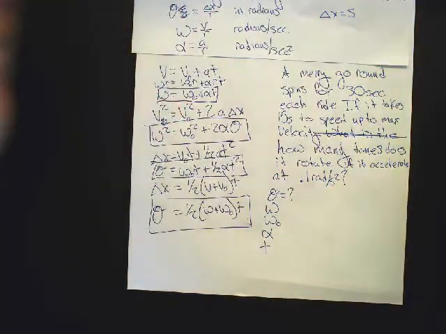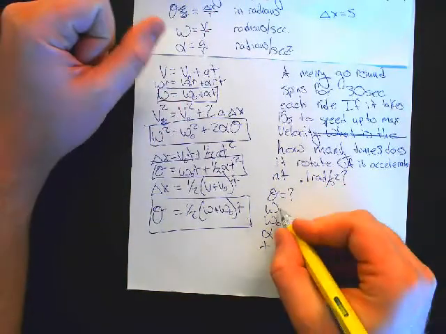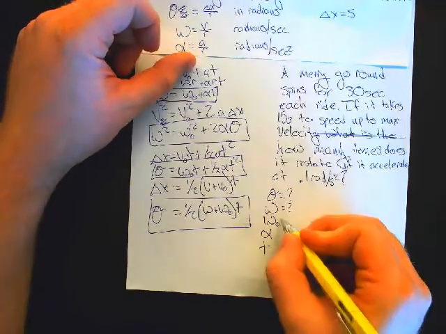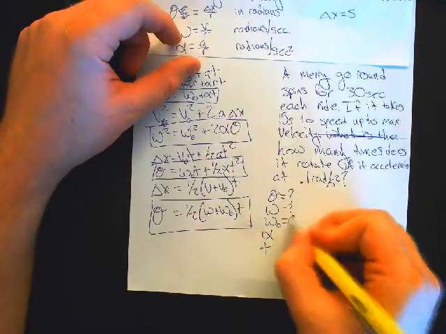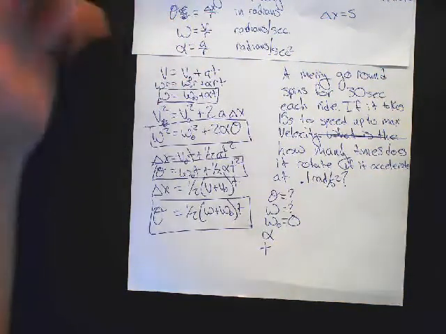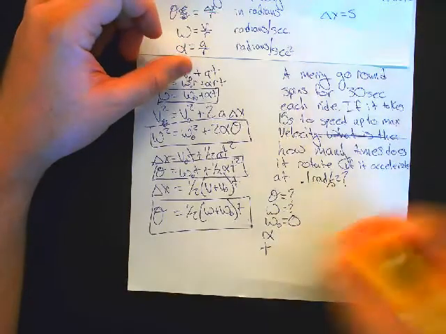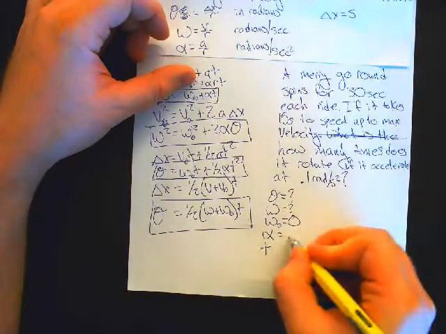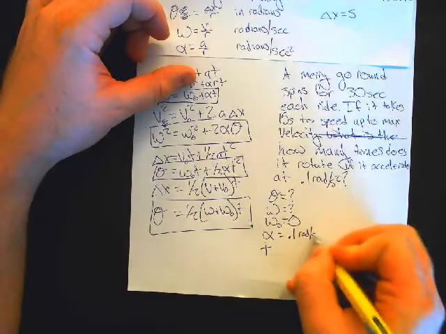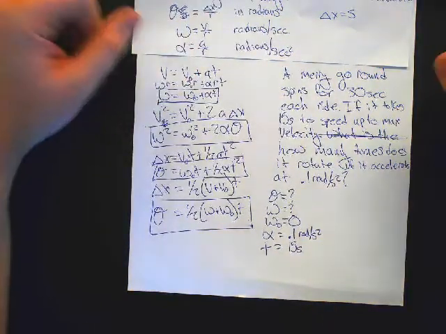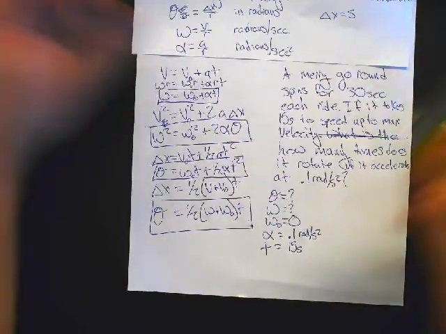We want to know how many times it rotates. Omega, we don't know what its max speed is. Omega naught, well, we know that. That's 0, because a carousel or a merry-go-round starts from rest, correct? Okay, alpha, 0.1, and t, 15 seconds.